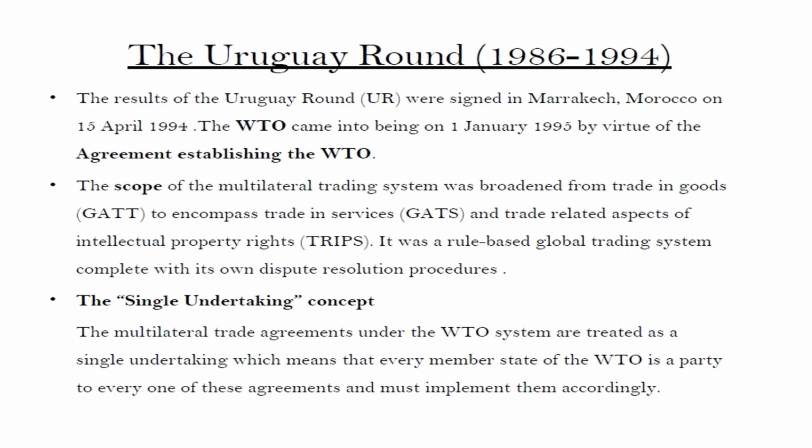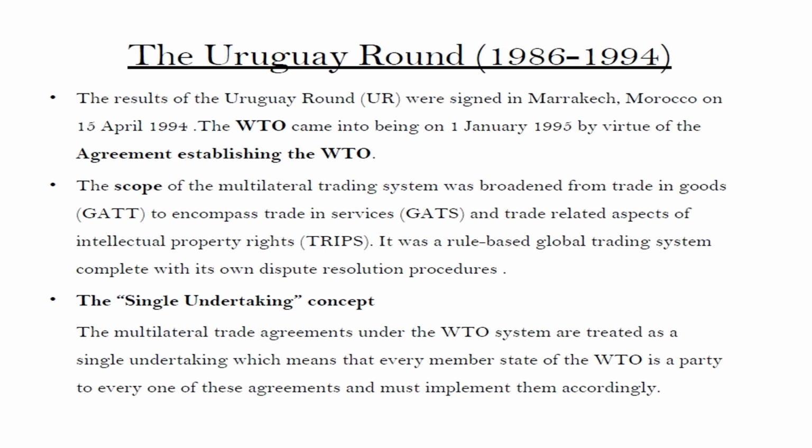Now, if we're talking about the Uruguay Round, which we mentioned a couple of slides before, this round ended with the agreement signed in Marrakesh, Morocco in 1994 and established the WTO.